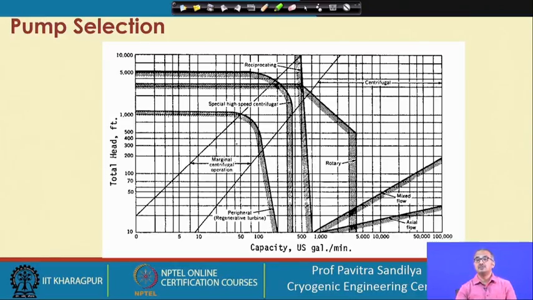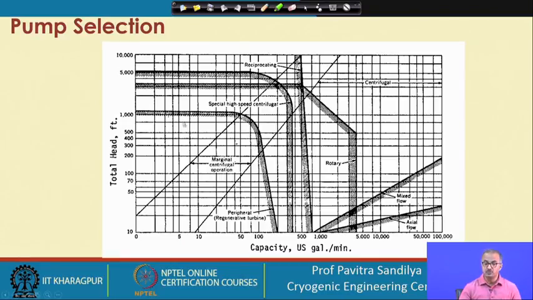Sometimes we want both high capacity and high head, sometimes we want low capacity and high head, or sometimes we may have some other combinations. Here we find that various types of pumps have been given, and this kind of graph we can use to have a first guideline to choose the kind of pump we need for a particular application.